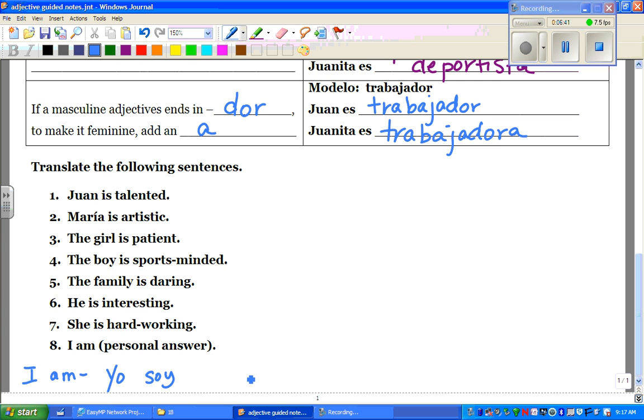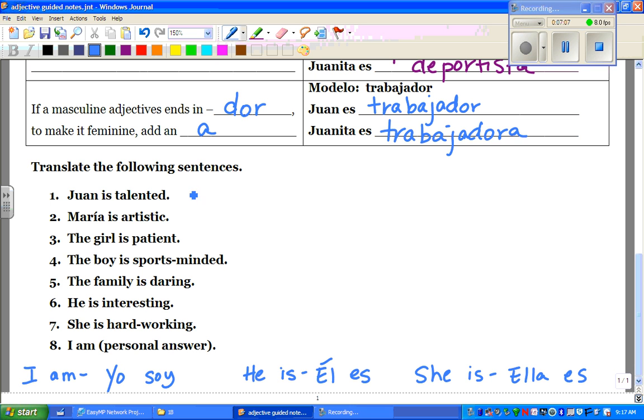How do you say he is? Él es. How do you say she is? Ella es. Okay? So the word for is in Spanish is es. The word for am, like I am, is soy. And tomorrow we're going to learn the rest of the conjugation of that verb ser, but you need it for tonight, okay, to finish this up.